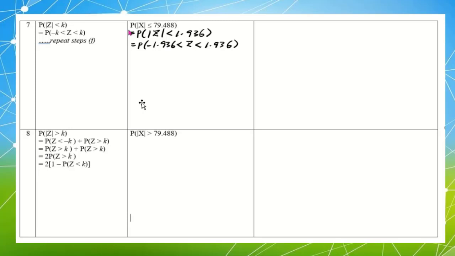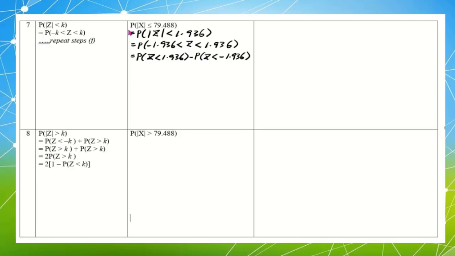That is, we can separate into z less than 1.936 minus z less than negative 1.936.